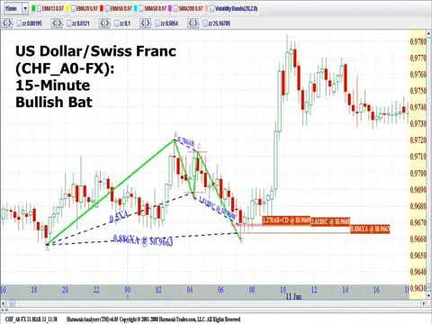This 15-minute chart of a bullish bat in the US dollar versus the Swiss franc shows yet again another distinct bullish bat. First place we look is the B point. What does that tell you? That tells you we're at a 50% of the XA leg.